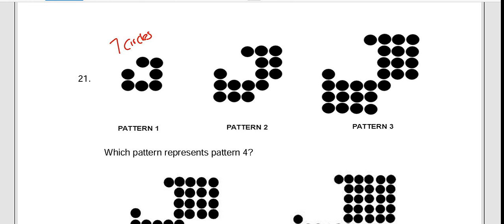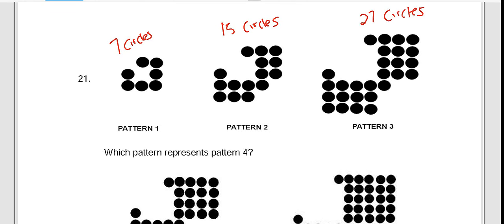And then we count 15 circles, and then 27.